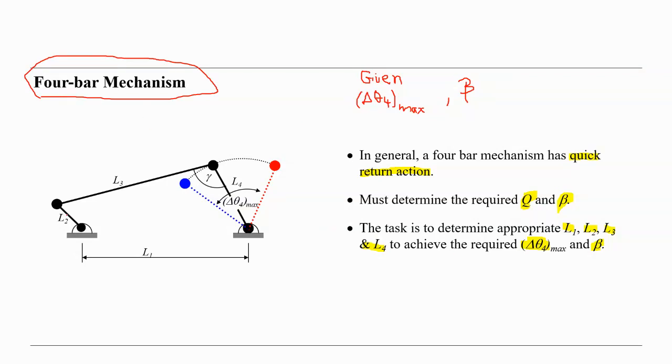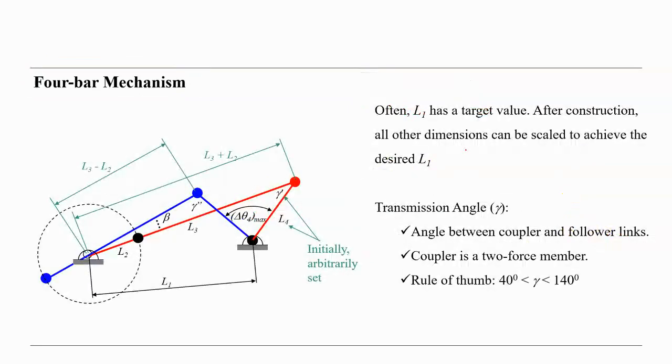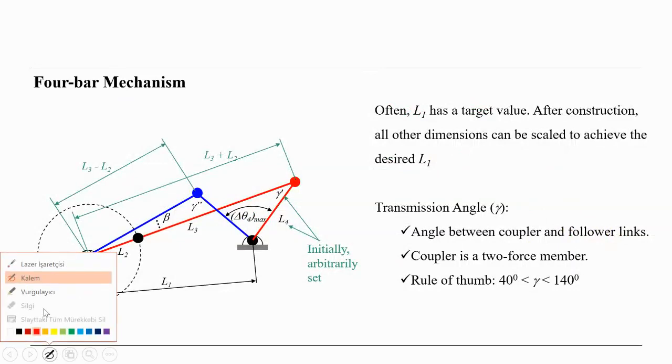So in case of the angle here, the angle must be given, and the beta also for the quick return, and then we have to calculate L1, L2, L3, and L4 for a desired delta theta 4 max and beta. So how can we do that? Let's continue with the 4-bar mechanism.